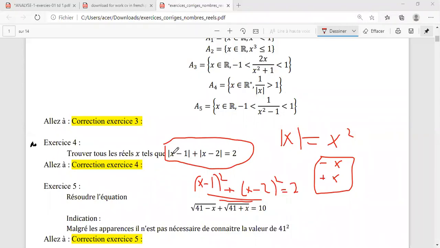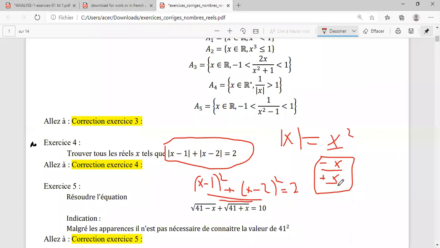Okay, so we said we're looking at the modulus function. We are asked to find all the possible values of x such that modulus of x minus 1 plus modulus of x minus 2 is equal to 2. So we define the modulus of a function to be equal to x squared. So if I am to find the values of x, we're going to have two roots of x, meaning that we're going to have a negative and a positive.